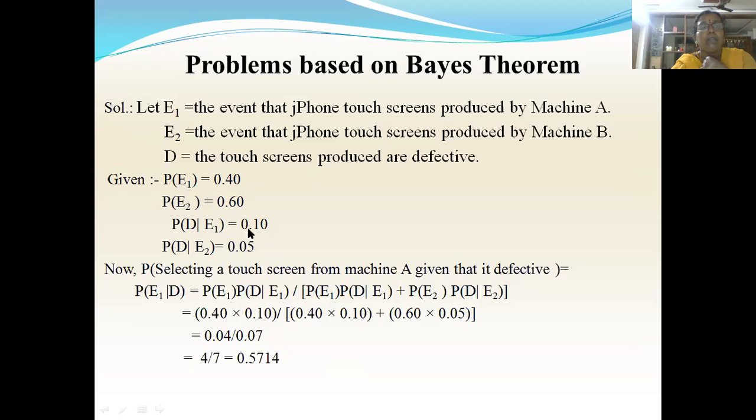P of D given E1 is 0.10. P of D given E2 is 0.05. Now the probability of selecting a touchscreen from machine A given that it is defective, that is P of E1 given D. Again the same formula: P of E1 into P of D given E1, divided by P of E1 into P of D given E1 plus P of E2 into P of D given E2. Substitute the respective probabilities, and you will get the answer.